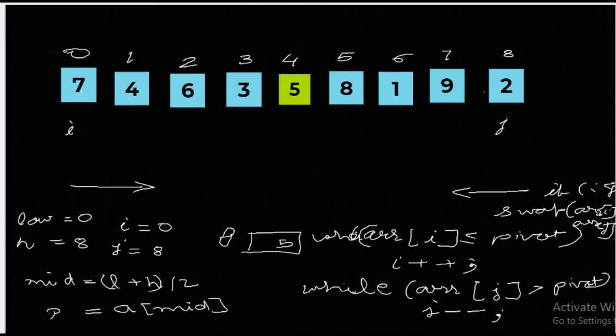So we are going to swap it. 7 should come here and 2 should come here.